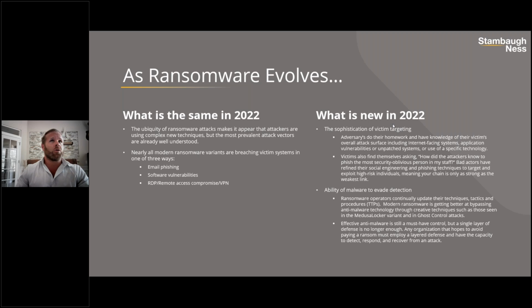And for this slide here, when we think about as ransomware evolves, what's the same in 2022? I always tell people that from a technology perspective, IT folks like to complicate things, but there's always a foundation, right?